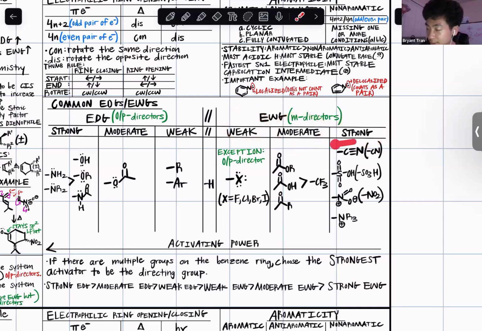So a strong EWG has the lowest priority when we choose the directing group. That's because the strong EWG deactivates the ring so much, and when we choose the directing group, we choose the one that activates the ring the most. So if you're comparing two EWGs, you choose the weaker EWG.